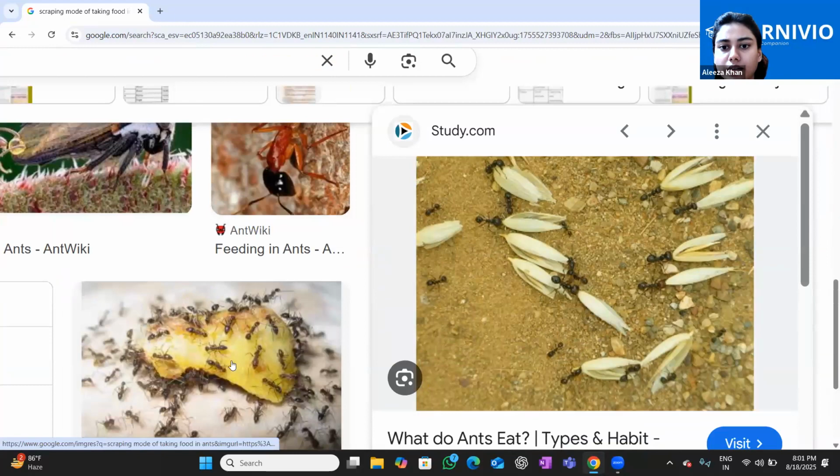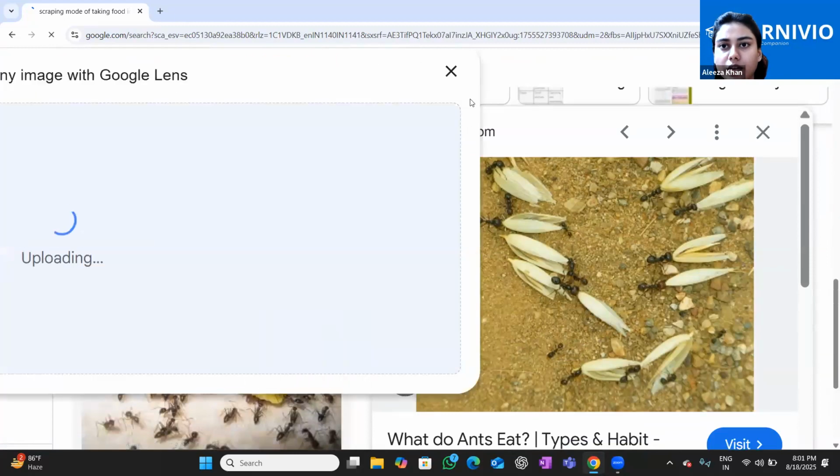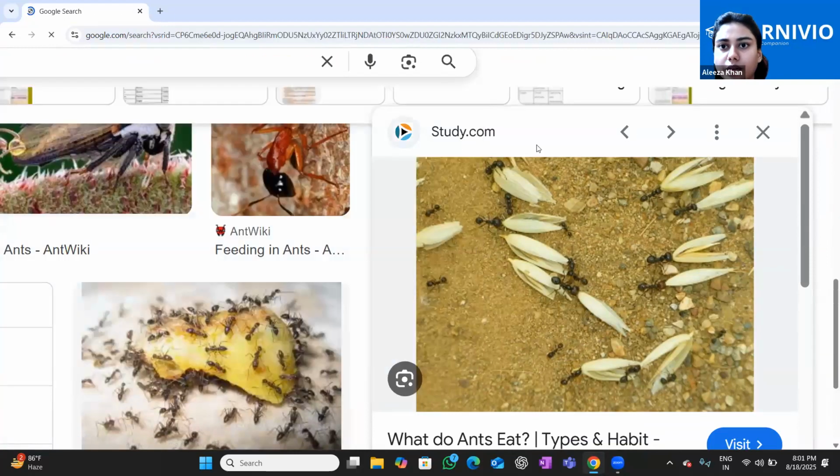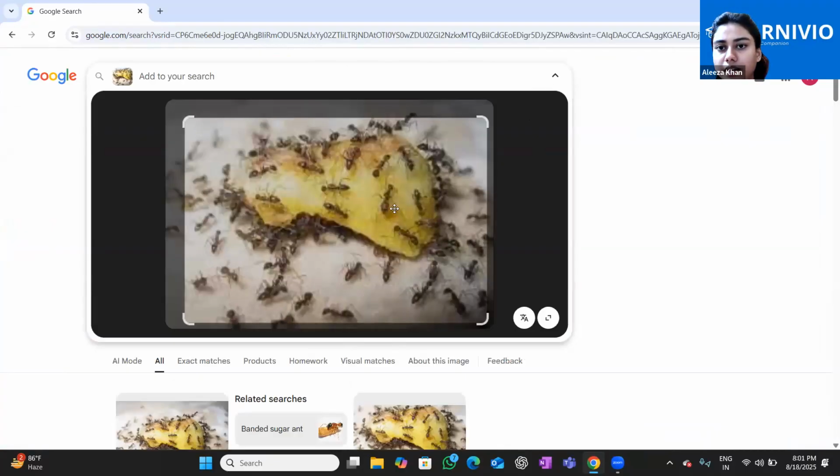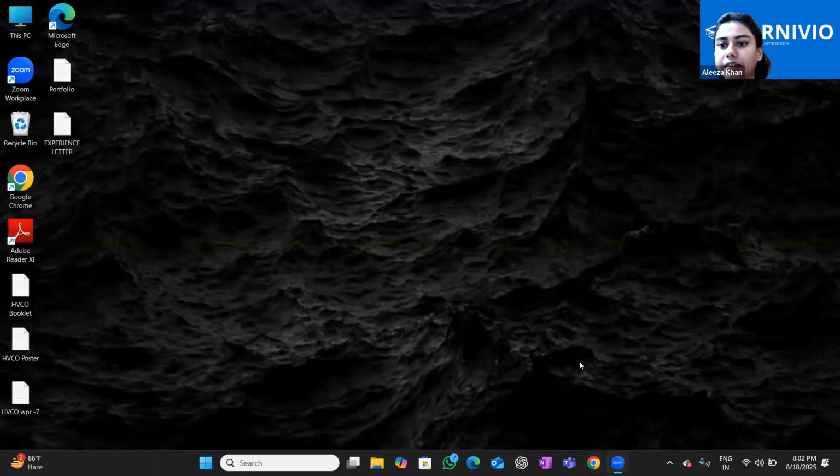Okay. See, they are covering the whole food. Now they will take each part from it onto their back or with some other organ. Okay. Getting it or not? Yes, ma'am, I got it. This is exactly the scrapping method.